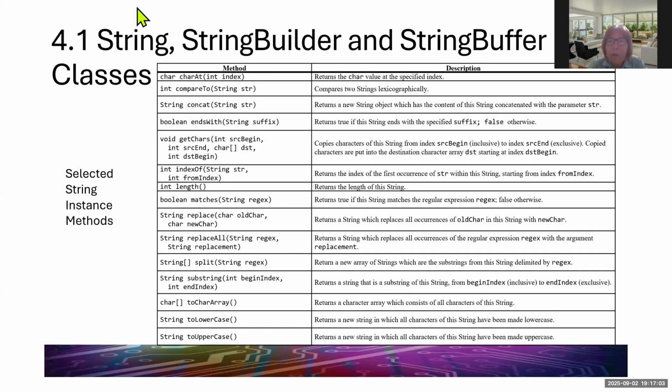In our textbook, we also provided the table for the String class. It includes selected instance methods, because the String class is immutable. If you take a look, we don't have any instance methods that do modification work.